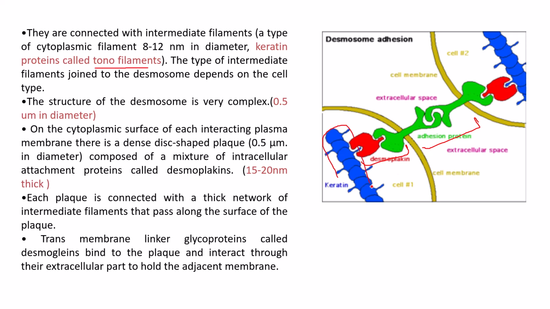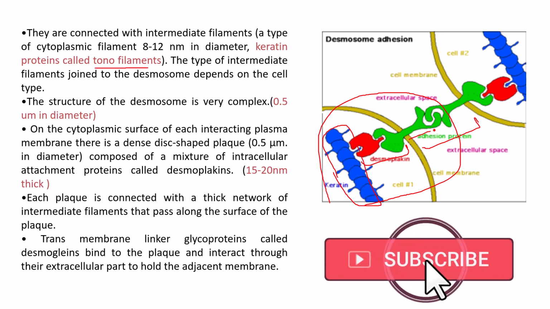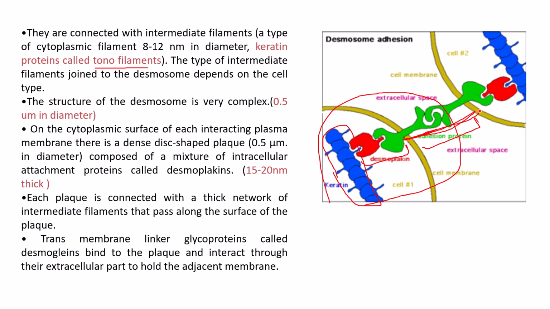This blue structure is the keratin, and this whole structure forms a disc-like structure. Each plaque is connected with a thick network of intermediate filaments that passes along the surface of the plaques, and these transmembrane linker glycoproteins called desmoglein bind to the plaques. Now these are the desmogleins which bind to the plaque of another cell.